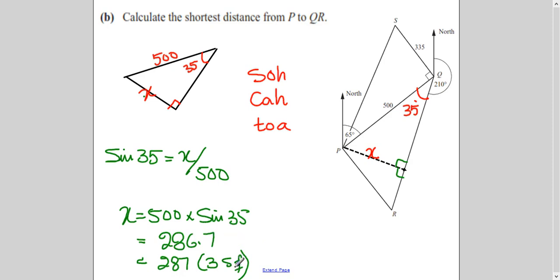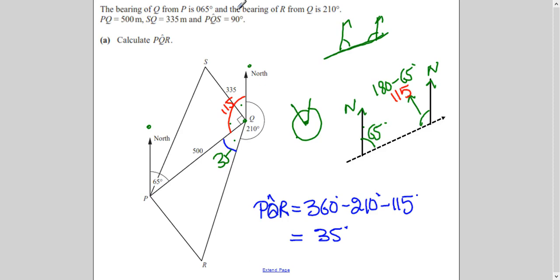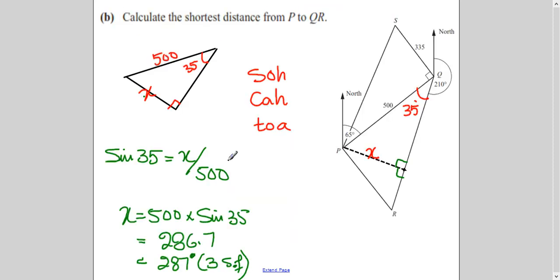So in 3 significant figures, it will be 287. Sorry, not degrees, it is meters, because we are measuring the rest of the measurements in meters. Let's see the question. Yes, it is all in meters. So it will be 287 meters.